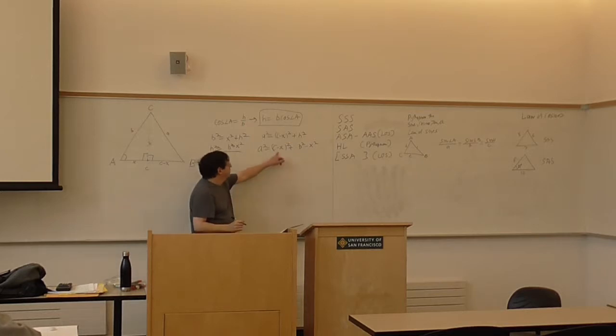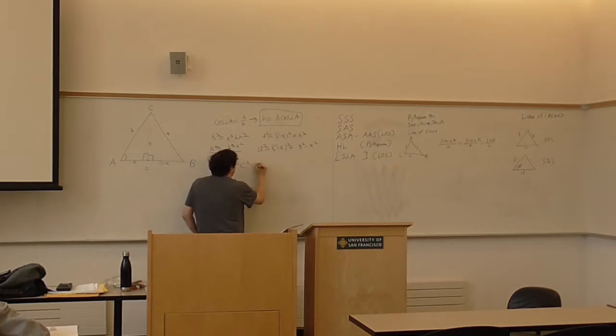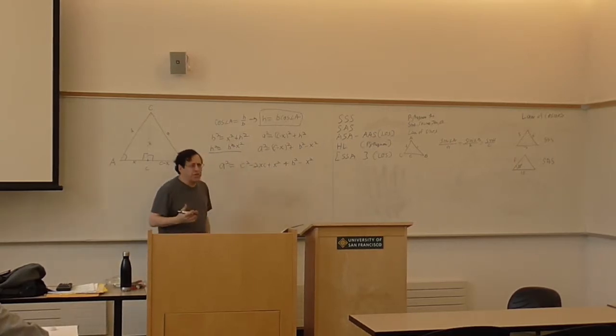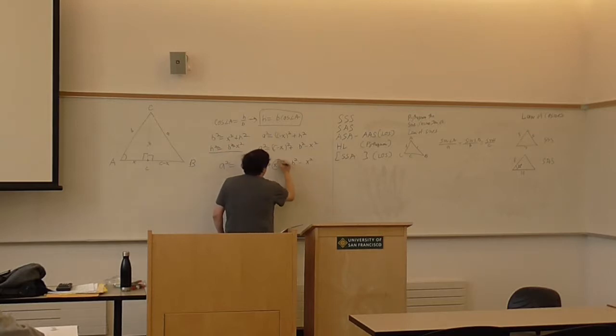Okay, let's multiply this out. So we get a squared equals c squared minus 2xc plus x squared plus b squared minus x squared. Okay, that's excellent, because now I'm getting rid of my x squareds here, right?